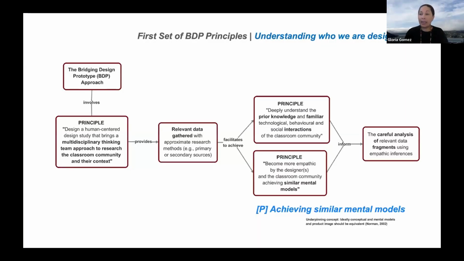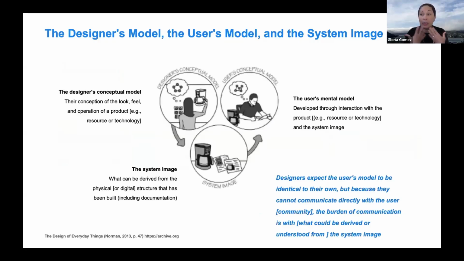So the last of the first set of principles is becoming more empathic by the designer and the classroom community, achieving similar mental models. Engaging with the learning community meaningfully through different activities increases your empathy.